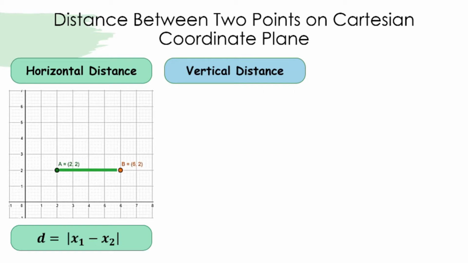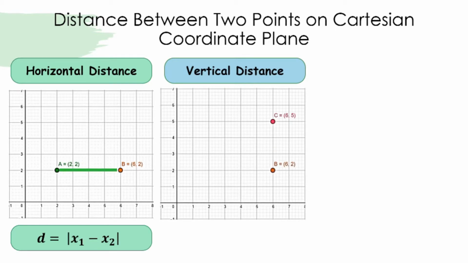Then the next one is the vertical distance. So it happens when your 2 points are aligned vertically, just like point B and point C on our diagram. If you're looking for the vertical distance, you can just simply get the distance is equal to absolute value of y sub 1 minus y sub 2.